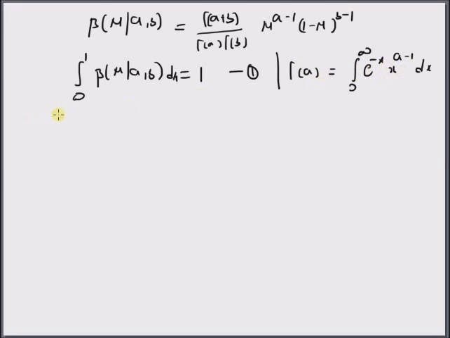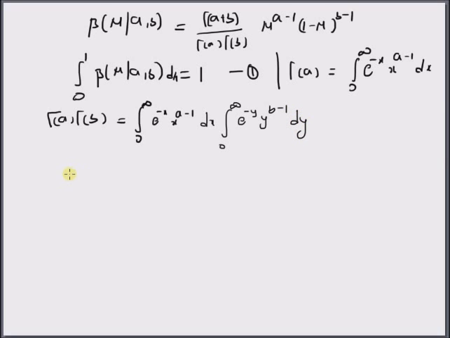Now let us start with this product, gamma of a multiplied by gamma of b, which is equal to the product of two integrals: the integral from 0 to infinity of e power minus x, x power a minus 1 dx, and the integral from 0 to infinity of e power minus y, y power b minus 1 dy.